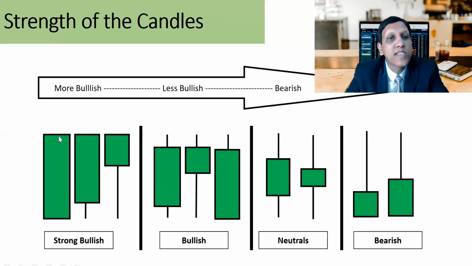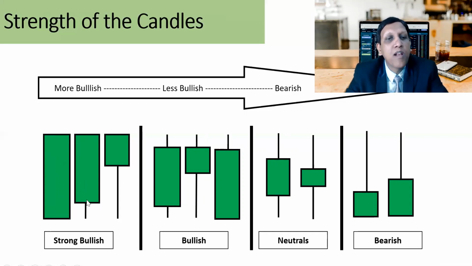So bears were not able to take control. When I say bulls, it is buyers who are taking control. When I say bears, it's sellers who are taking control. High and low are at the same point, it just establishes a price here. So in this case, bulls are in 100% control.